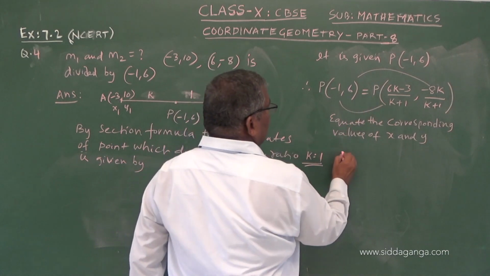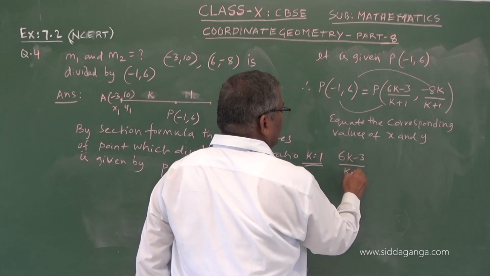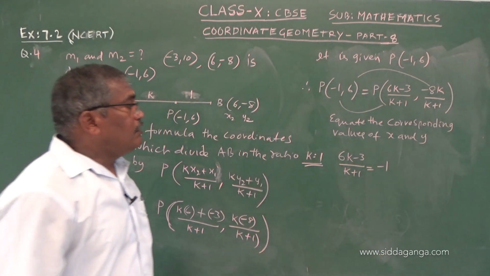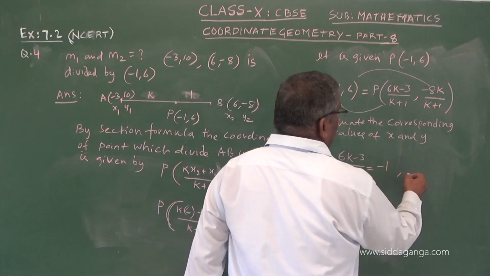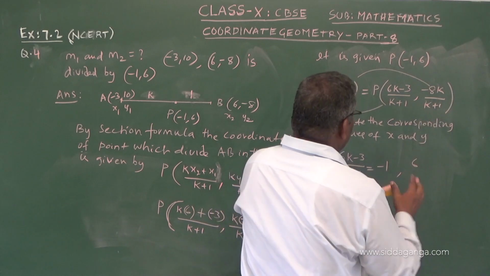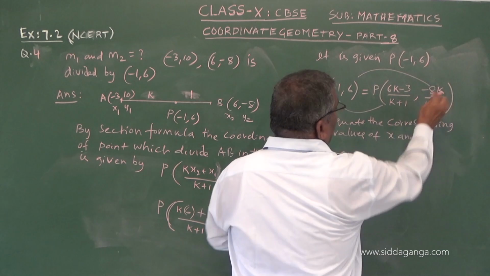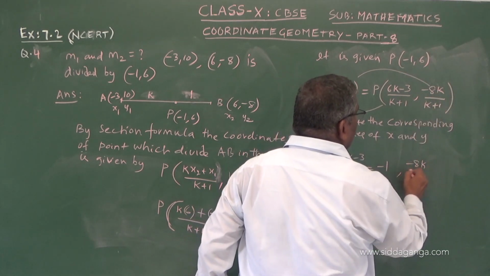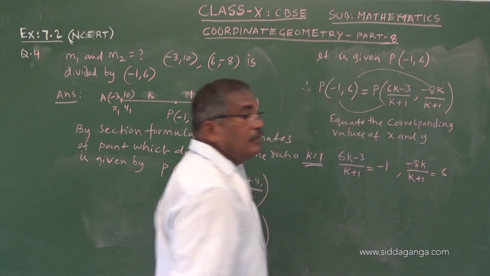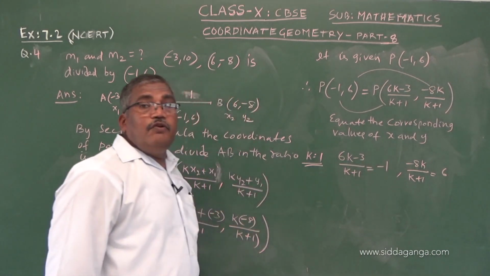So that means 6k minus 3 divided by k plus 1 equals -1, and 6 minus 8k divided by k plus 1 equals 6. You can use any one of these two equations to find the value of k.